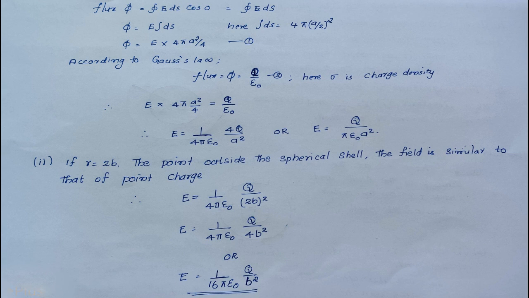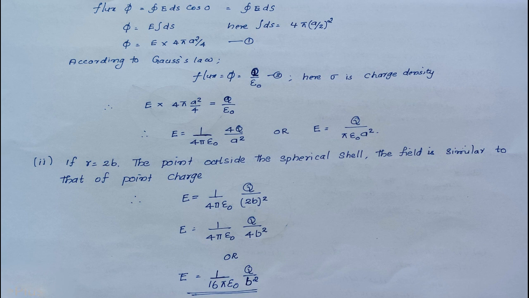By applying Gauss's law, we find the equation for electric field, that is given by E is equal to 1 by 4 pi epsilon 0 q divided by 2b whole square. So why is it 2b? Because the distance from center to the point is 2b.